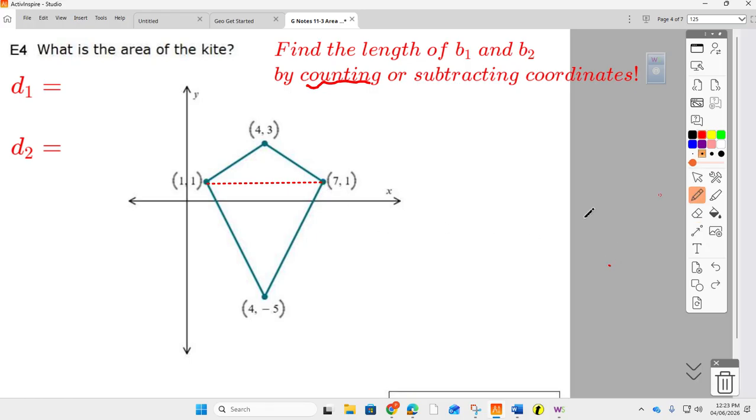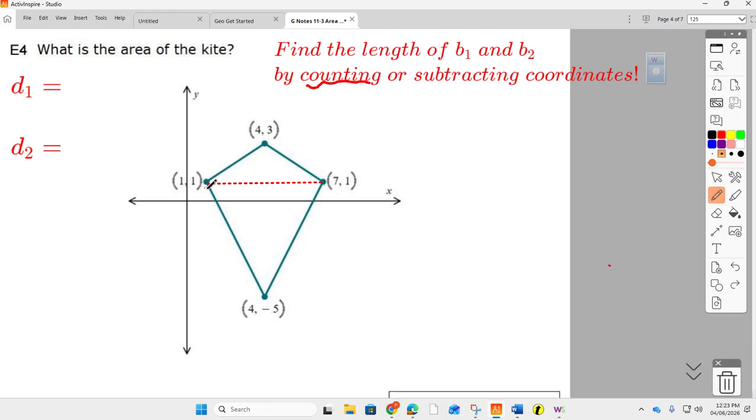Okay, how long is diagonal 1? We know it starts here and ends here. So we could count from 1 up to 7. 1, 2, 3, 4, 5, 6, right? The other way to do it is to take the absolute value of the coordinates. We're looking for distance, right? So the horizontal diagonal, we're going to look at the x-coordinates, right?